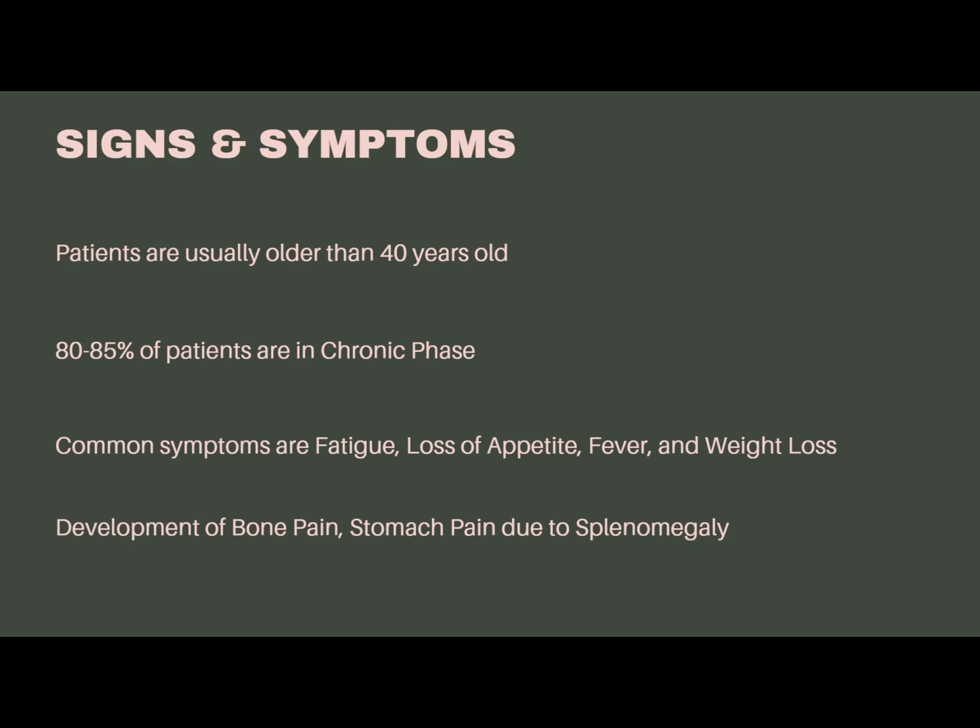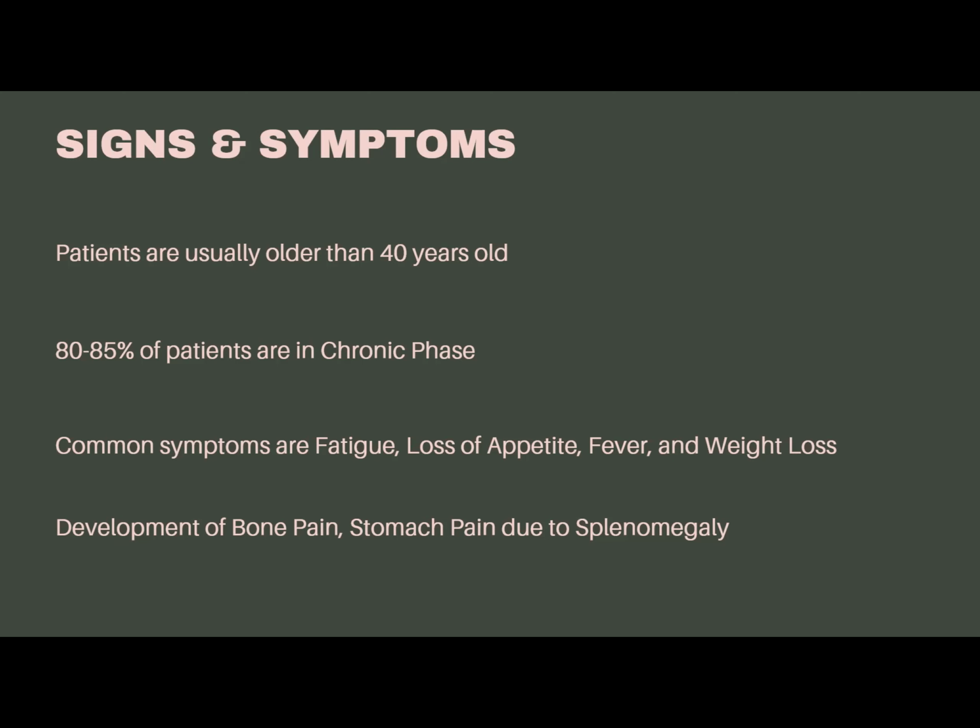And here, I'll just explain a little bit about the development of bone pain and stomach pain due to splenomegaly. Remember I was talking to you about the higher number of blast cells that start occurring. What does that mean? Your bone marrow is going to run out of space because it's not supposed to have that many cells.